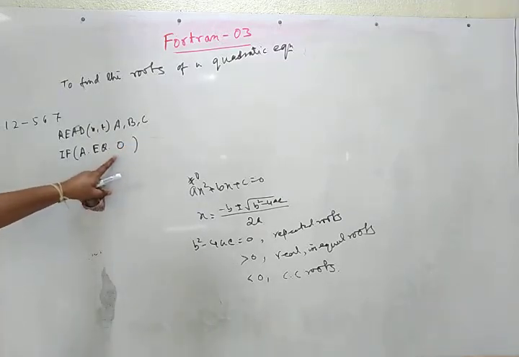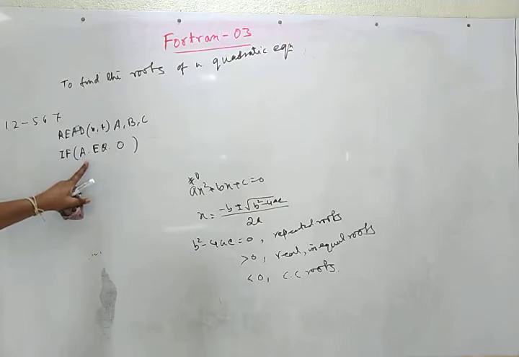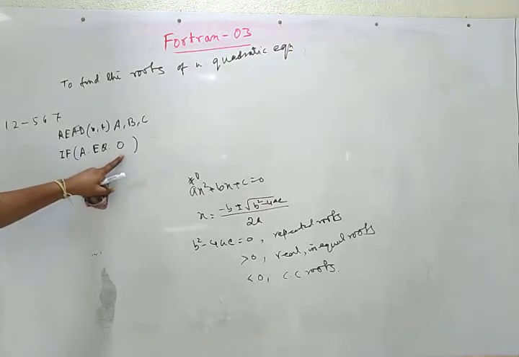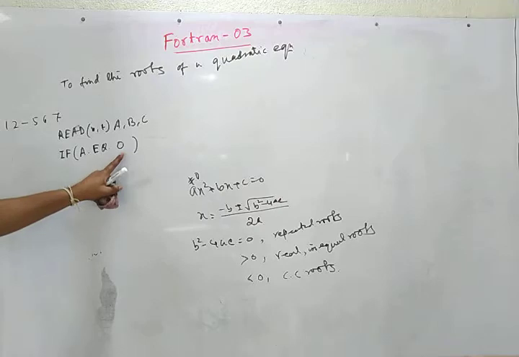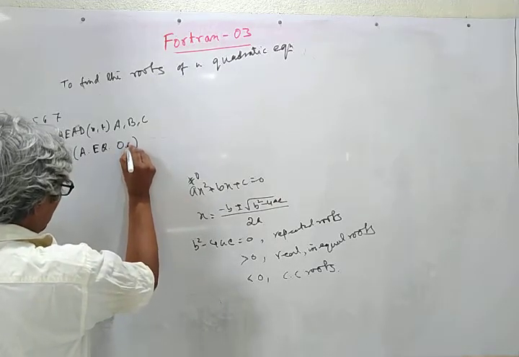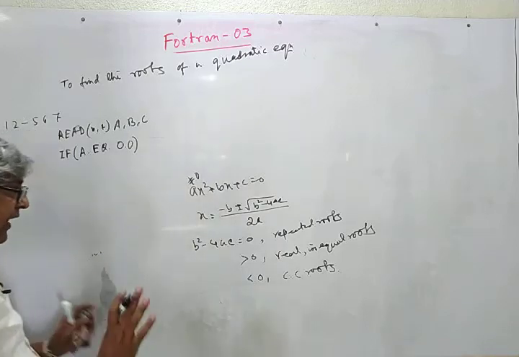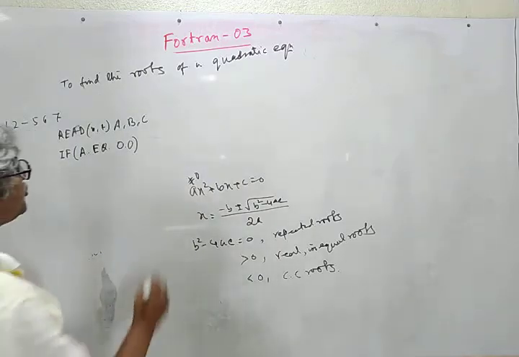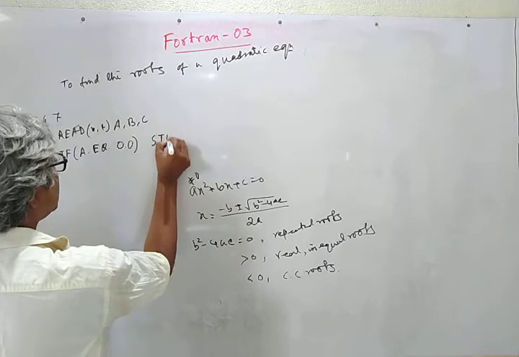this is a wrong statement, because by a we mean a real variable, and we cannot compare a real variable with an integer constant. So actually we must write 0 point. If a is equal to 0, I want to stop the program, so I write stop.